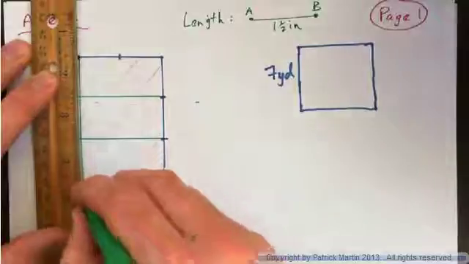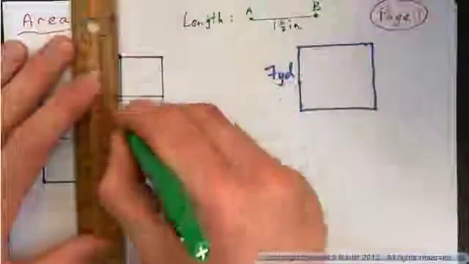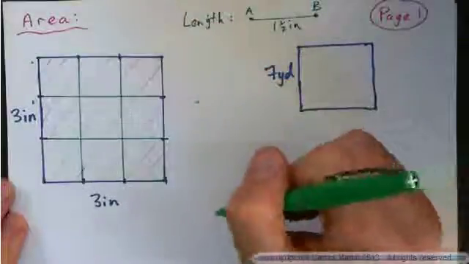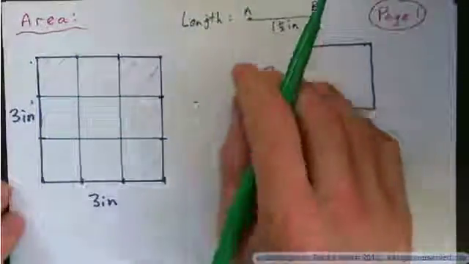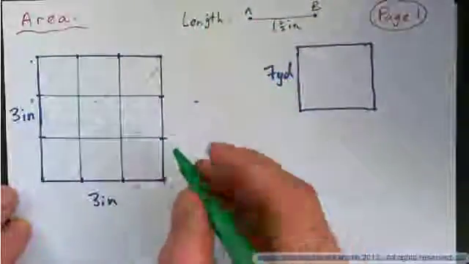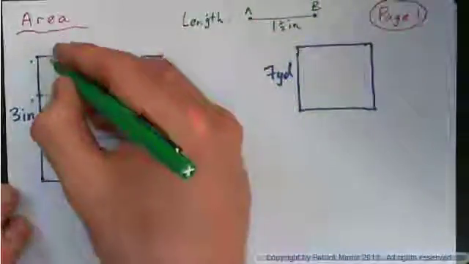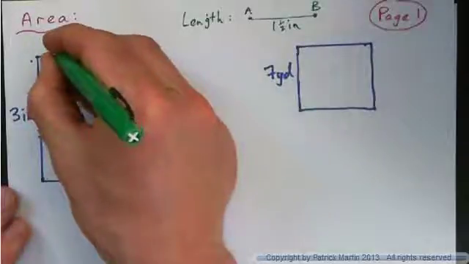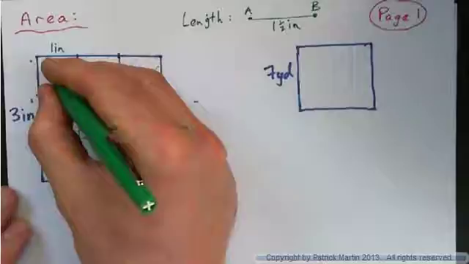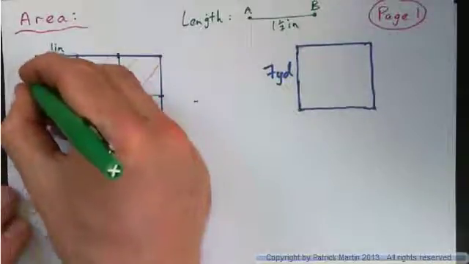So we're going to draw lines like this so that each side is split up into 3. Now inside here, if we take one of these little squares, like this square here, this square is 1 inch on each side. 1 inch, 1 inch, 1 inch all the way around.